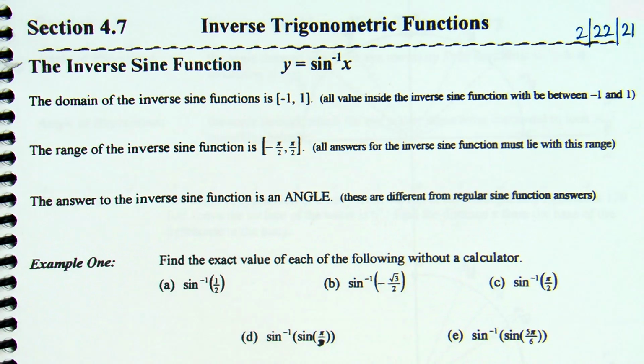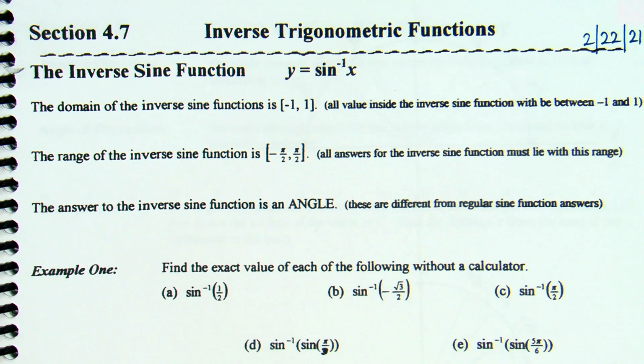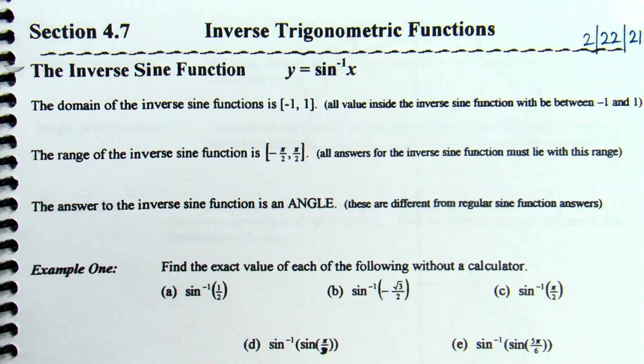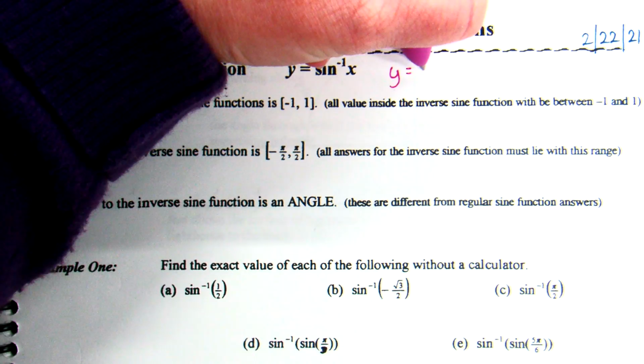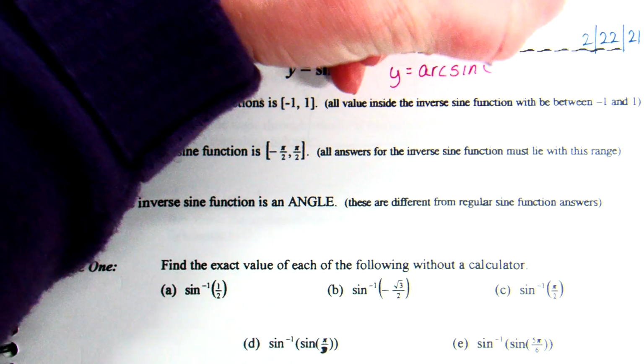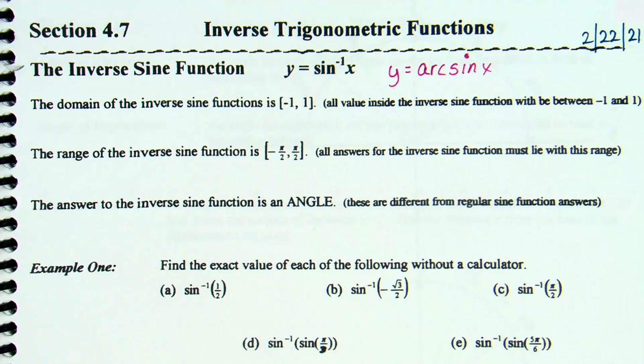Okay, so in the notes, the most common form that you'll see is y equals sine to the negative 1 x. However, before I proceed any farther, you will also see, and I believe it happens in this book, that y equals arc sine x is equivalent.